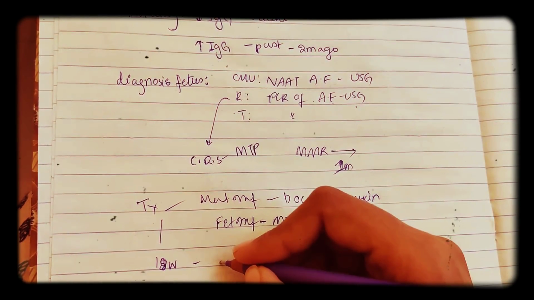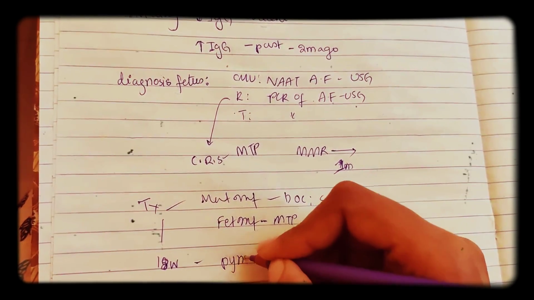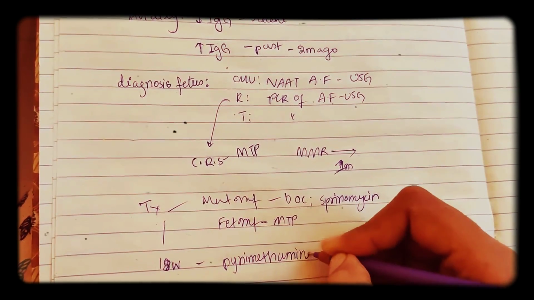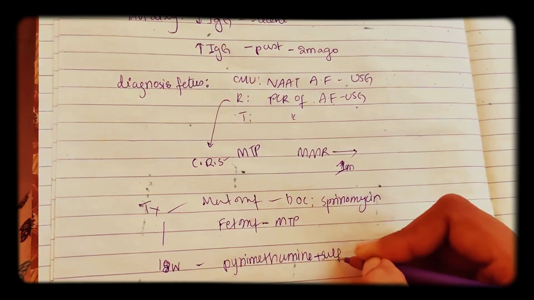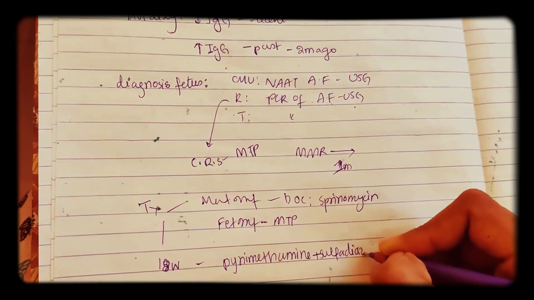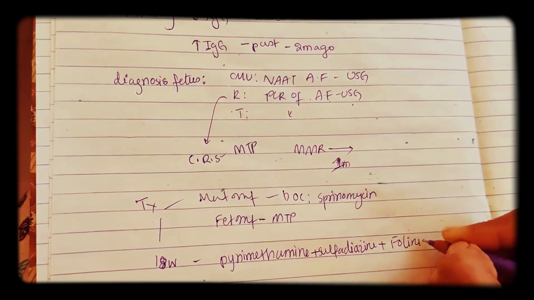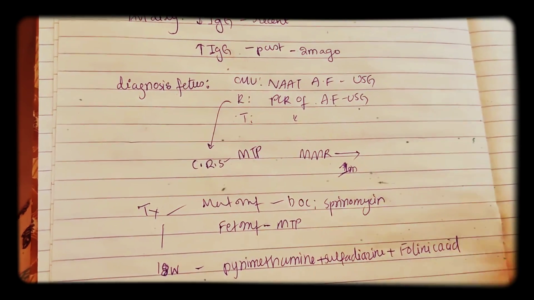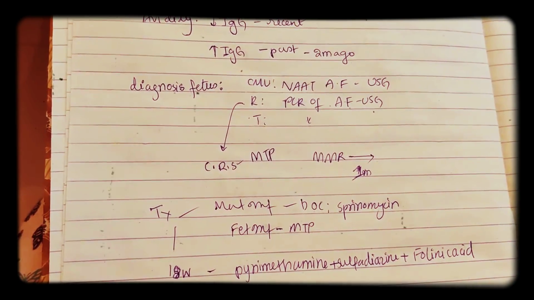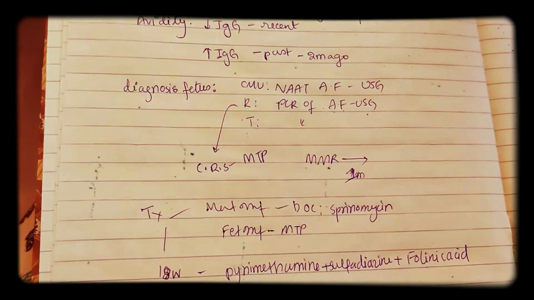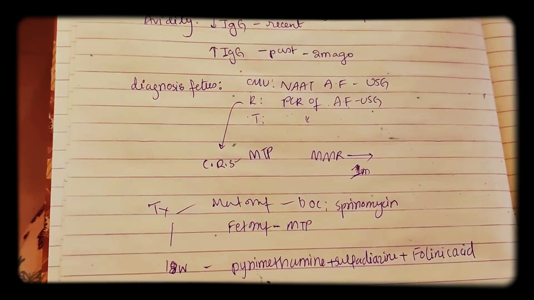So the drug we use after 18 weeks is pyrimethamine plus sulfadiazine plus folinic acid. These three are given together because they can cross the placenta and they also treat fetal infection.